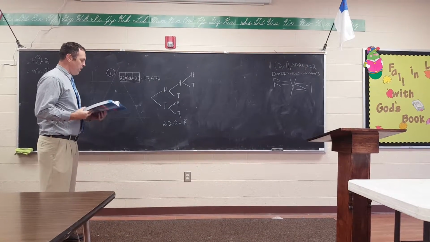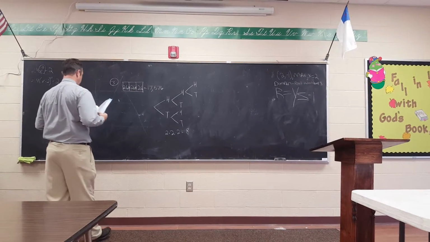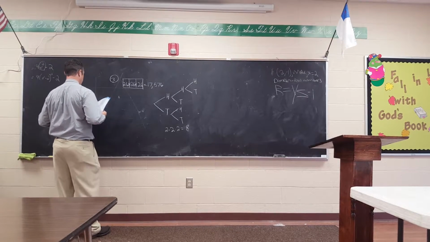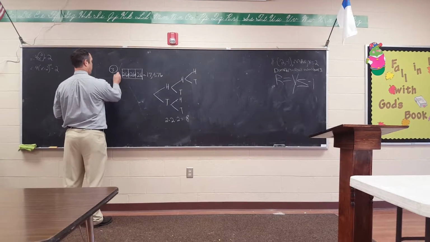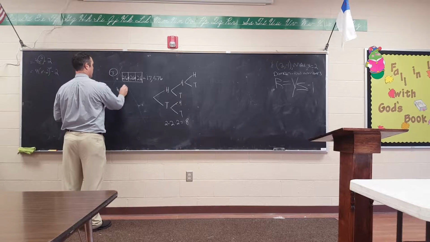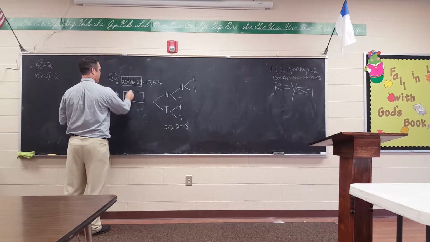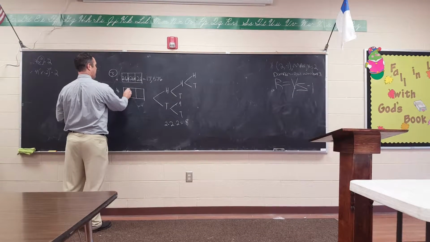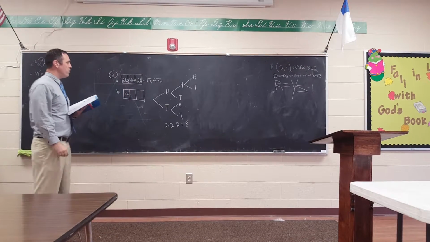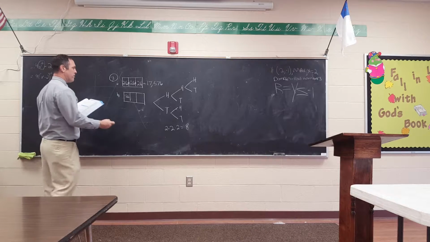All right. Letter B says, how many passwords are possible if the letters cannot be repeated? So this one's a little bit different. If it cannot be repeated, for the first one we choose from, we have 26. But since we used one of those letters, we can't use it again.